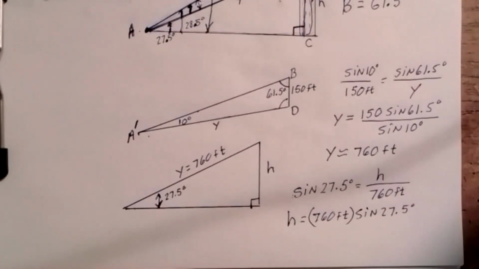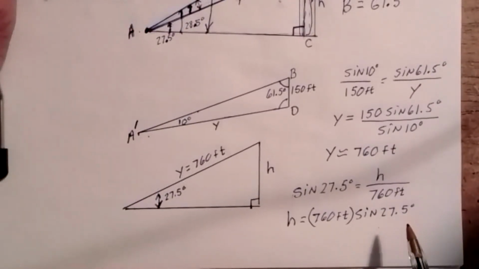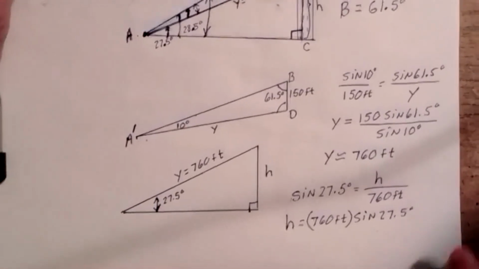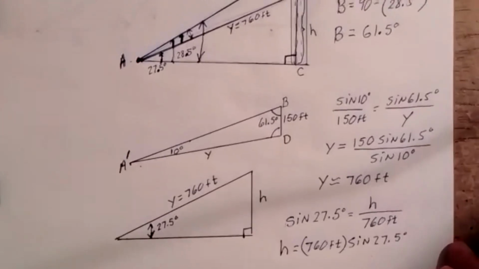Something still doesn't seem right. Something's still amiss here, ladies and gentlemen. That isn't right. The height of this building is about 3,500 feet.